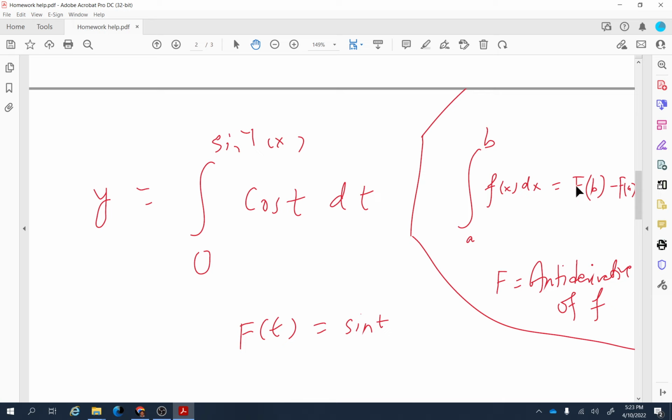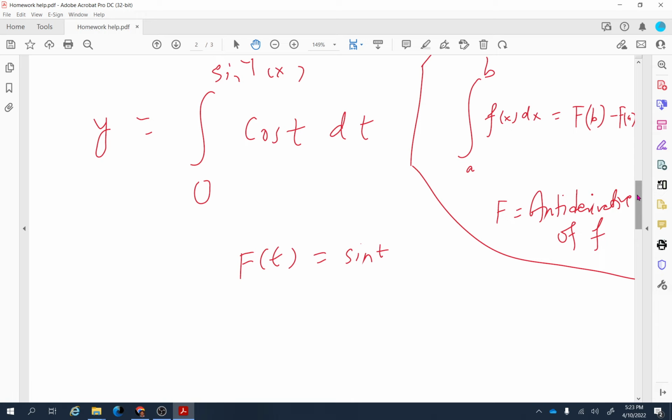Okay, so by doing that we can find capital F for this problem. Now we just need to find the value of capital F at b, which is sine inverse x, and the value of capital F at a, which is 0. So by using the fundamental theorem, this is capital F at sine inverse x minus capital F at 0. Since capital F of t is sine t, just replace t by sine inverse of x.